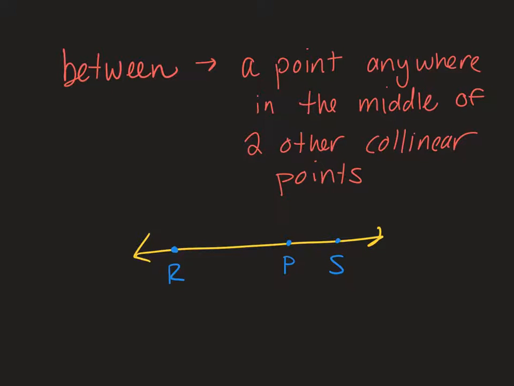So we could say that point P is between R and S. For something to be between, though, it has to be collinear. So they have to be on the same line, right? So if I were to draw another point here, Q would not be between, let's say, R and P, right? Because it's not on that line. So for something to be considered between in geometry class, we have to have it all on the same line.